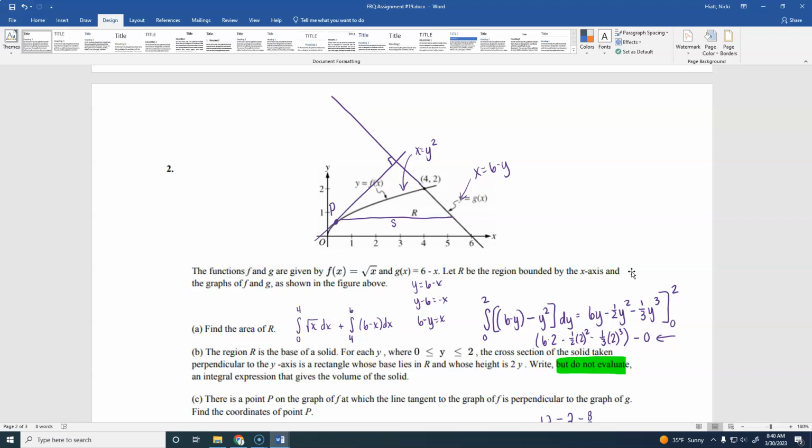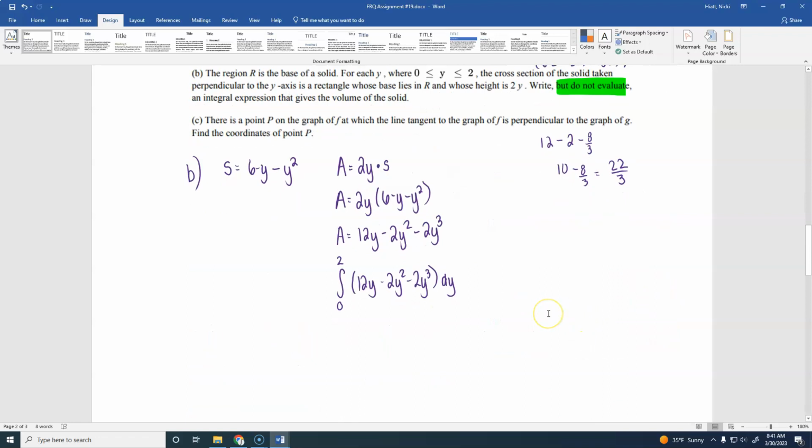So there's several things we have to know. First of all, perpendicular, what do we know about perpendicular slopes? Opposite reciprocals. Flip and change the sign, right? So G is pretty easy to find the slope of because it's just a line.